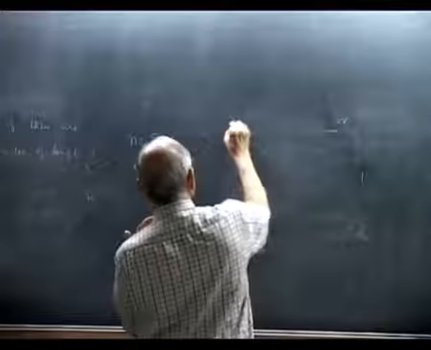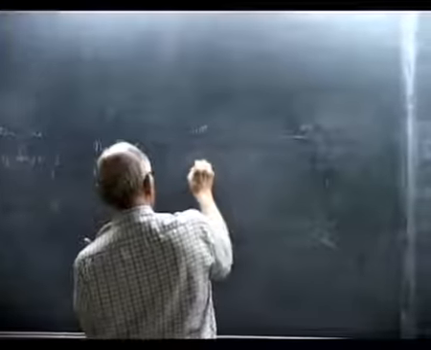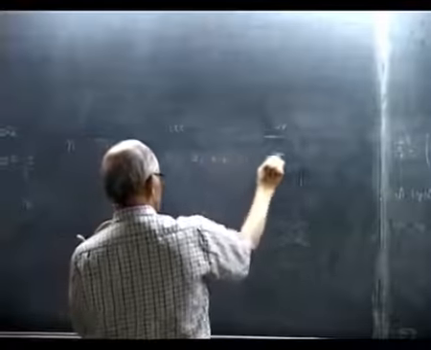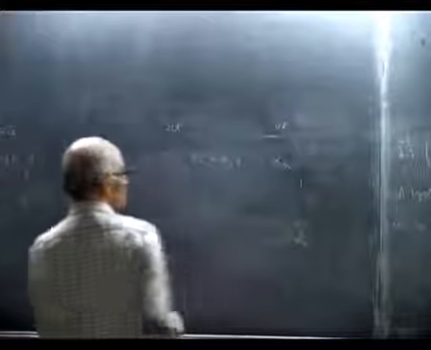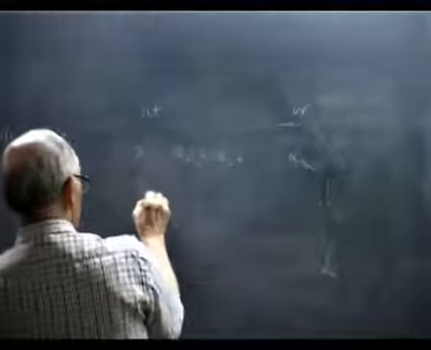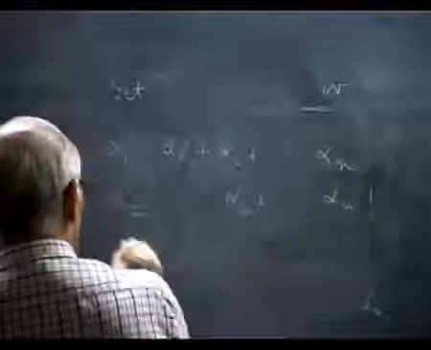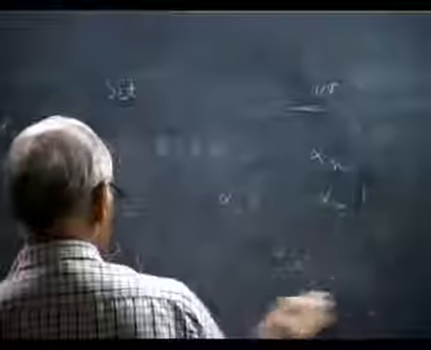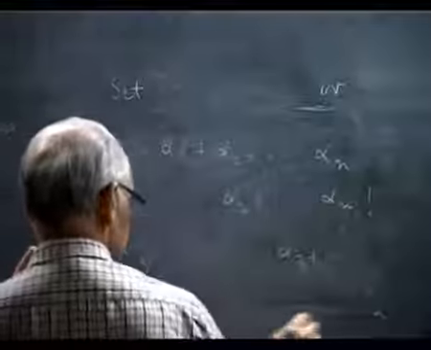Set lambda 1, which is alpha 1 plus alpha 2 plus etc. plus alpha n, lambda 2, which will be alpha 2 plus etc. plus alpha n, lambda 3 will start from alpha 3 plus etc., and lambda n will be alpha n.